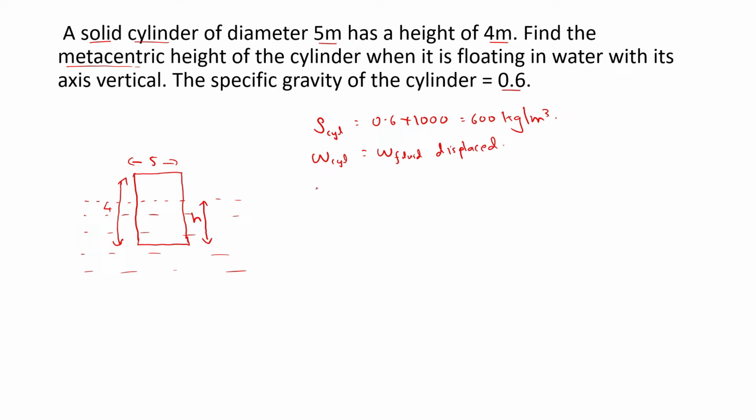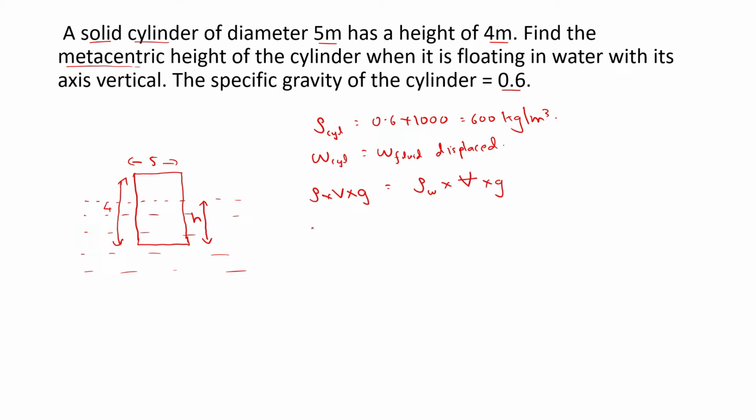So weight of the cylinder is rho into the total volume into g, and weight of the fluid displaced is rho of water into volume of the fluid displaced into g.